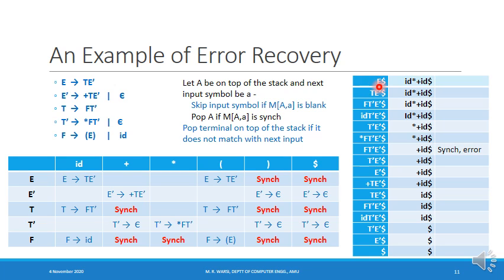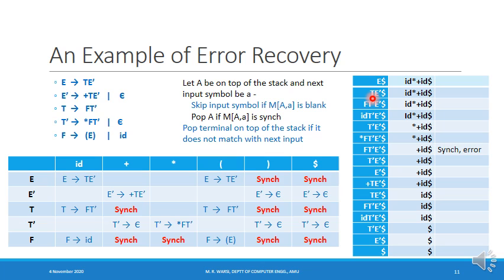We are starting with capital E on top of the stack, which is the starting variable, and at the bottom I have $. So I consult the parsing table for the entry E comma identifier. E comma id contains this production, so capital E will be expanded with TE dash. So we have expanded capital E with TE dash. The buffer holds id star plus id $.